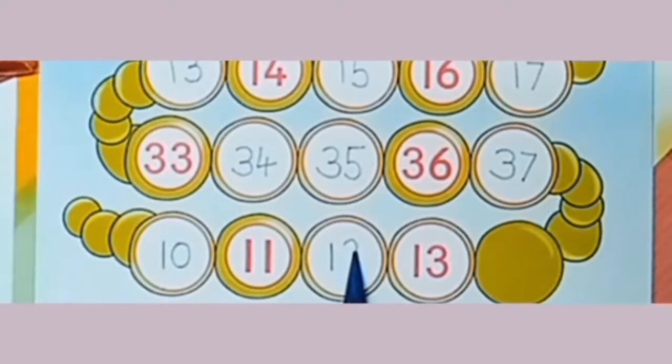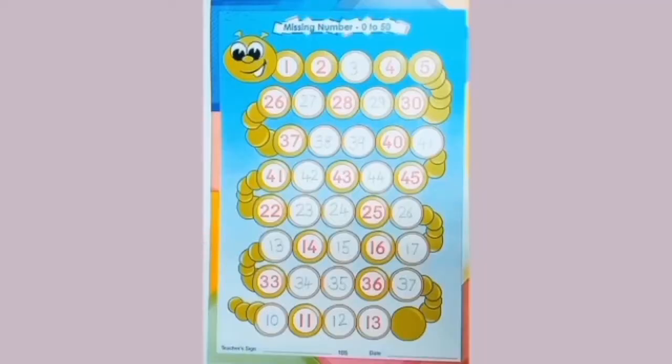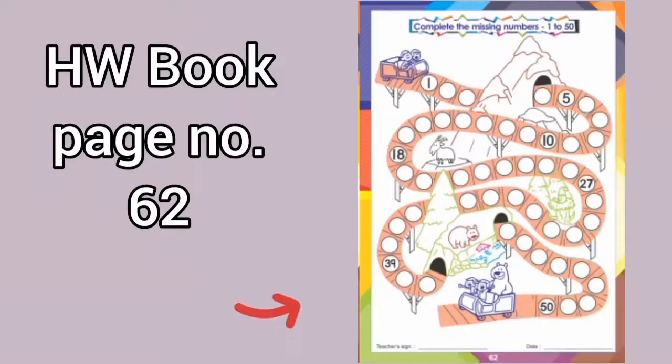After that 12. 13. 10, 11, 12, 13. So we have to fill the missing number. You have to complete homework book page number 62.